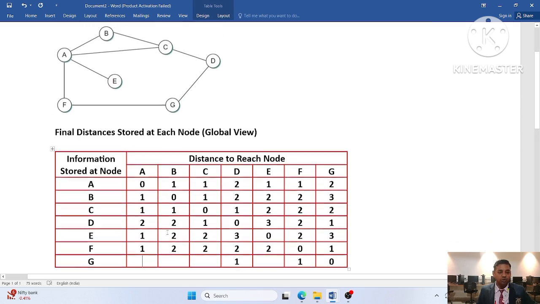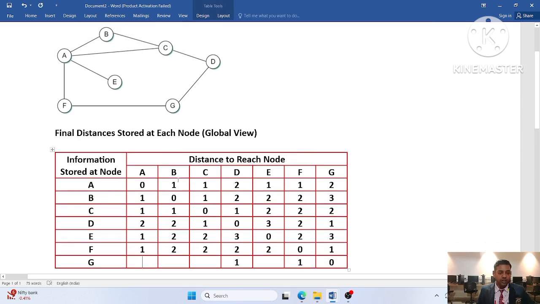Finally, last router is G. So G to A is 2 via F. G to B is, anyway, if you go, it will be 3. Why? Because you have to consider B to G. What is the value of B to G? B to G is 3. Similarly, G to B is also 3.